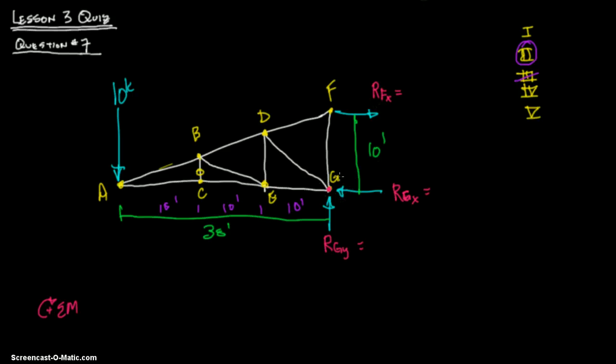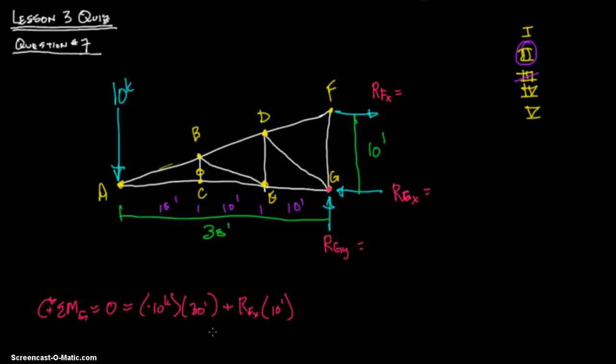So I want to get rid of these two unknowns, and I can do that by making them concurrent, and that was easy enough. So I'm going to sum the moment about joint G equals 0. I'm going to have a negative 10 kips times 30 foot, and then a positive RFX times 10 foot.